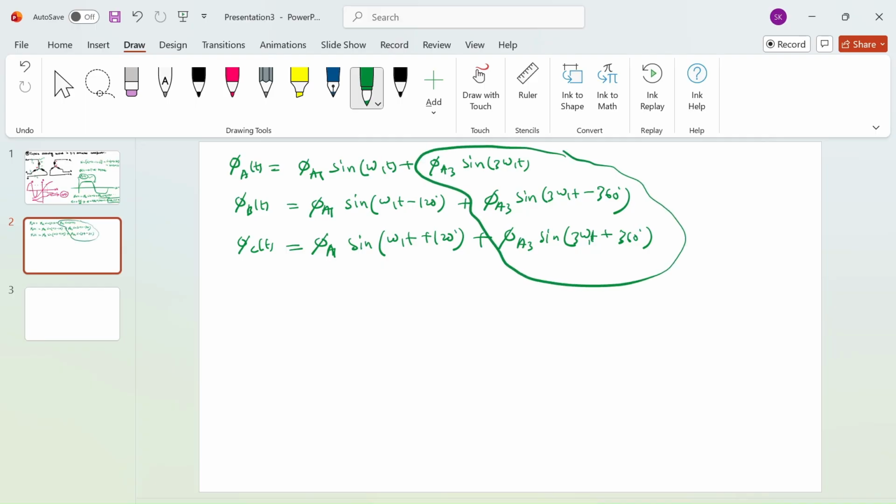This harmonic quantity will give rise to some kind of harmonic induced voltage in each phase.